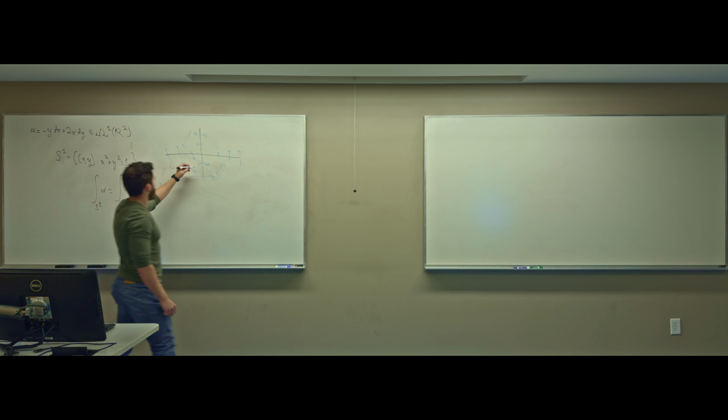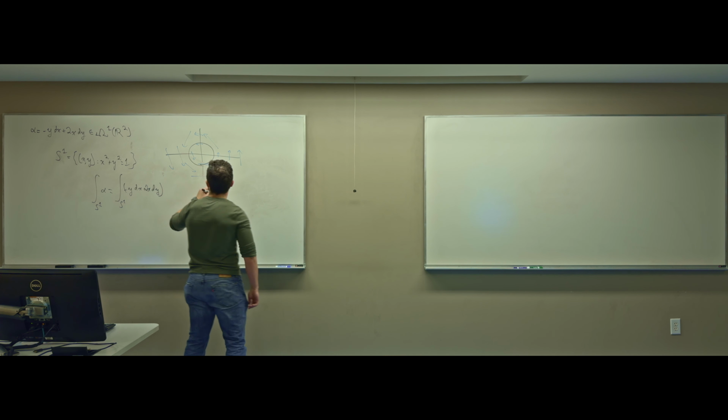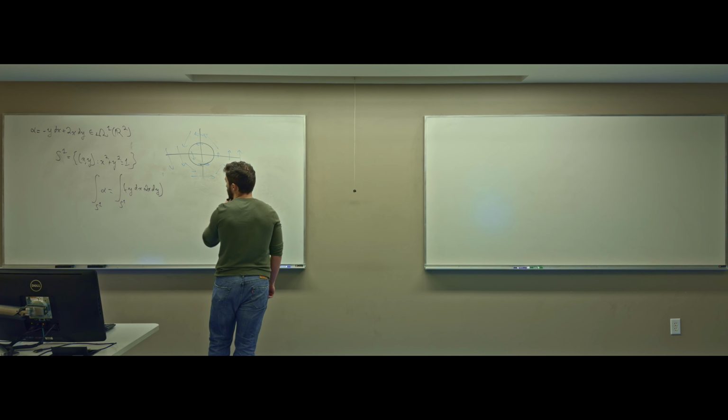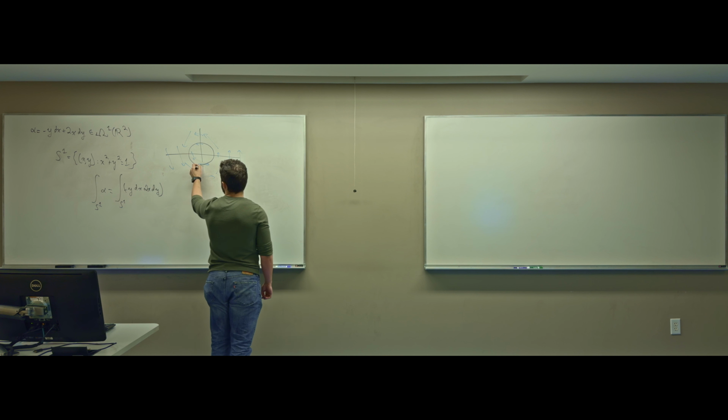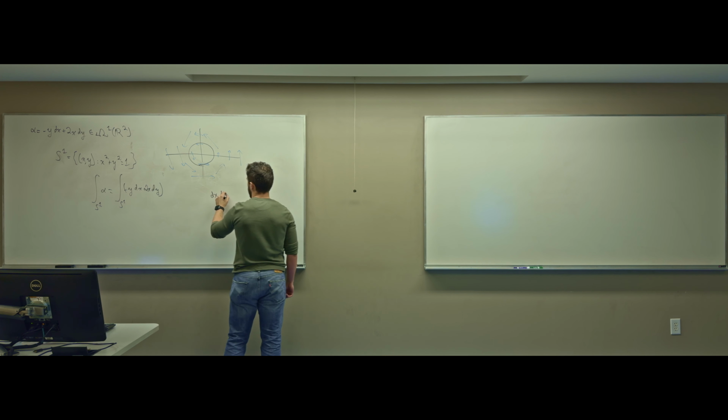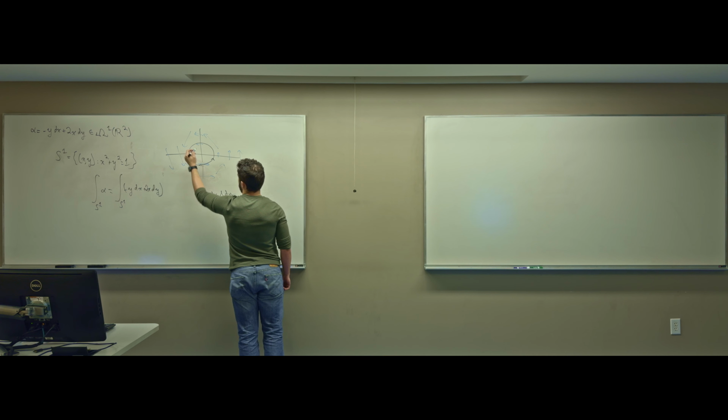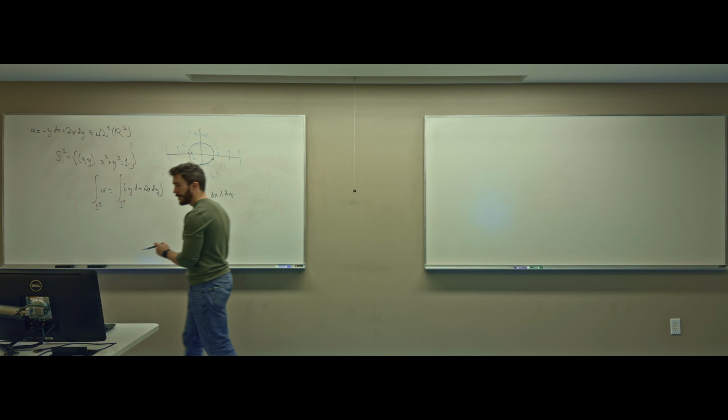You can draw what this looks like. It's just this, and this has an orientation picked out, right? It's inherited from the basis to form the volume form on R2, which is dx wedge dy. So it gets this counterclockwise orientation on it.